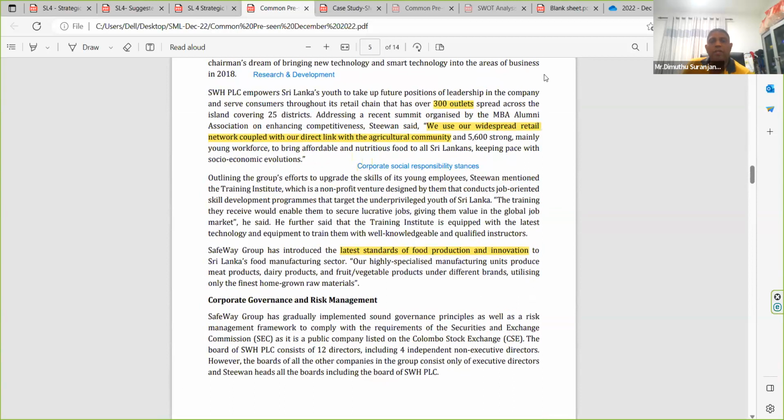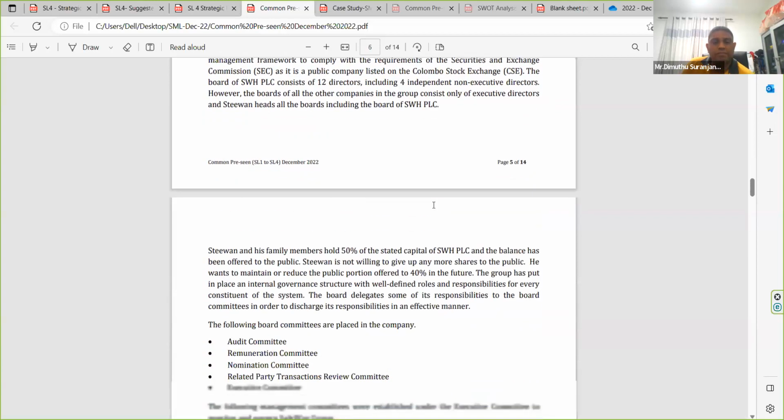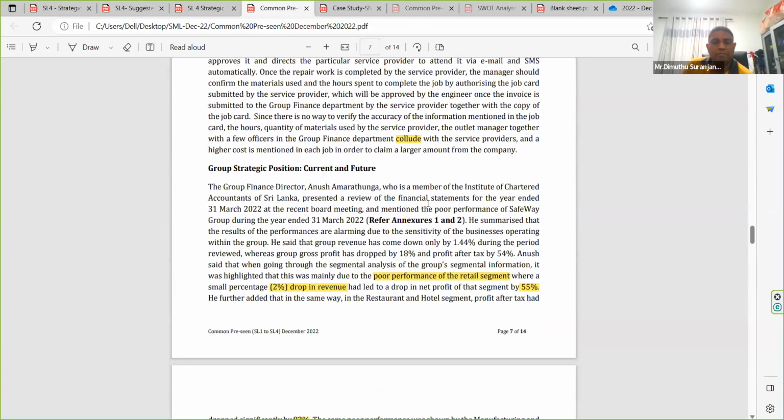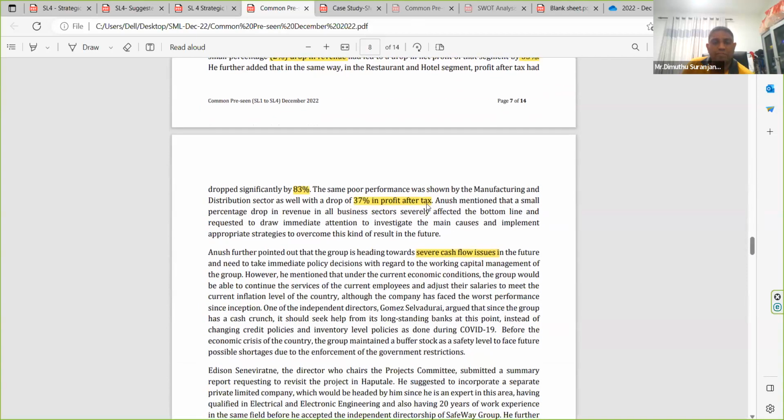See, how many outlets do they have? Now here there is some information regarding this supermarket. Over 300 outlets spread across the island covering 25 districts. So they have 300 outlets covering the whole country. Now the severe cash flow issue was given in the pre-seen also.